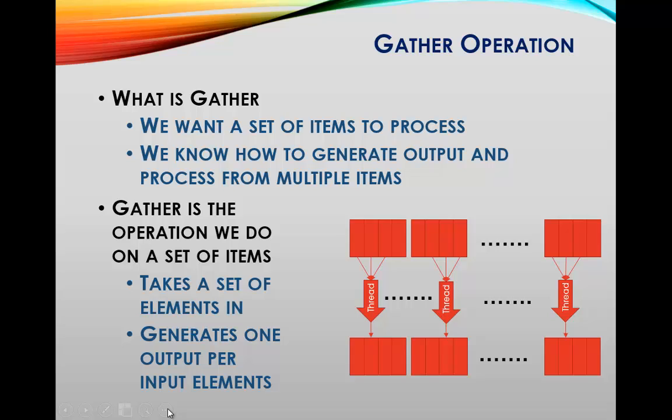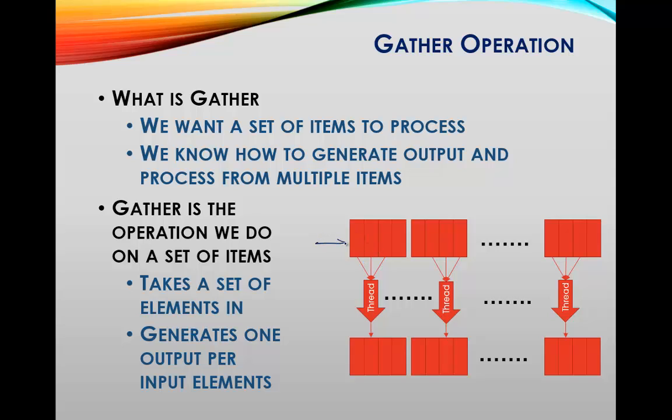So if you notice that in map basically is a simplified gather, in that we basically take one of the elements of the input and generate one element per that input element in our output. In gather, instead of taking just one input, we take a bunch of the input elements from our input data.